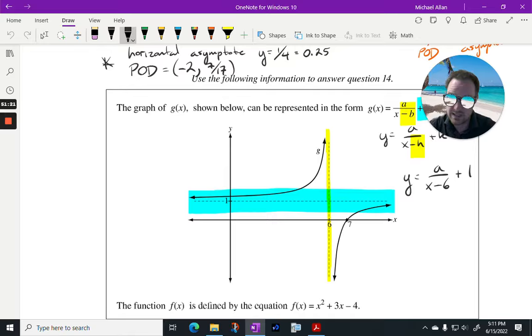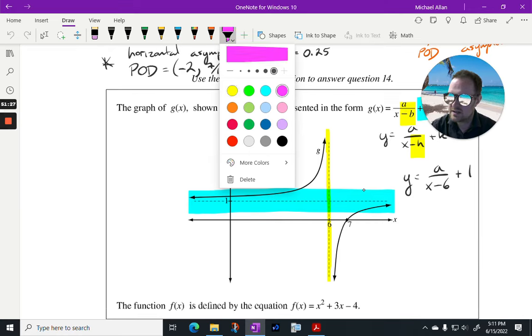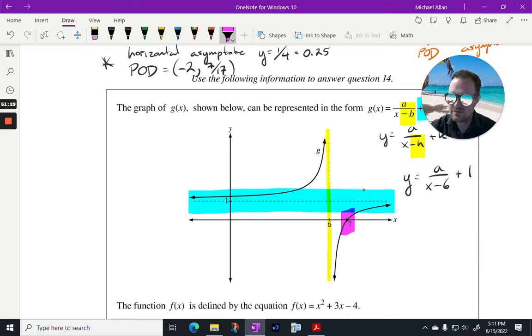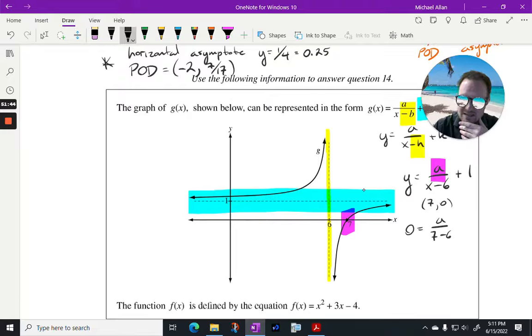And actually, this is all we need to solve this question, but let's find out what the A is. We can use this other point here to help us find this A value. So we're going to put in this point (7, 0) into this equation. If I put a 7 into the equation, I need to get 0 out.